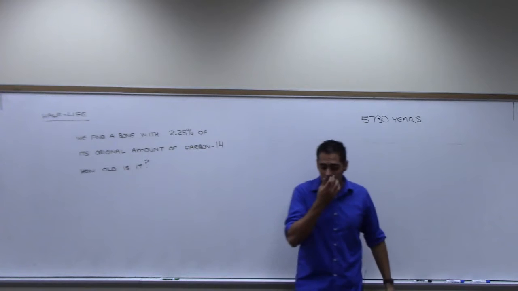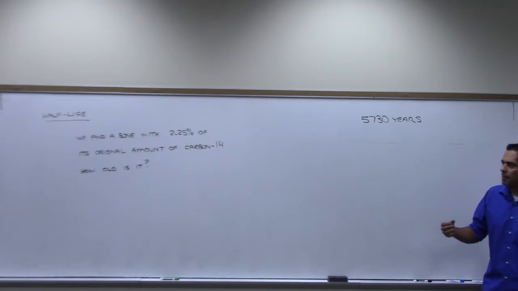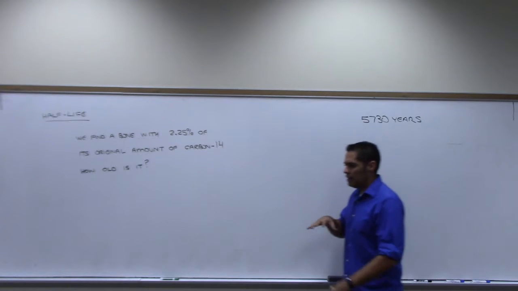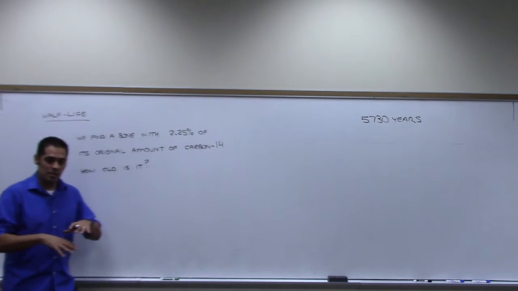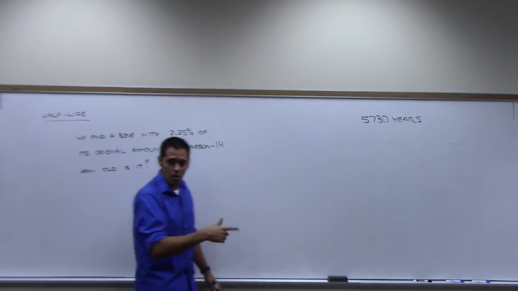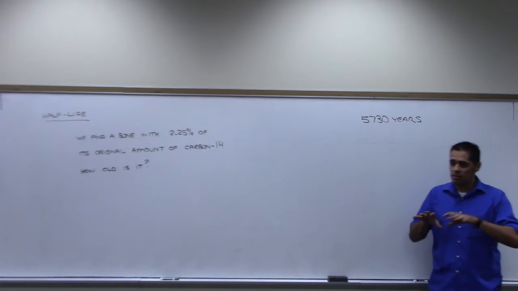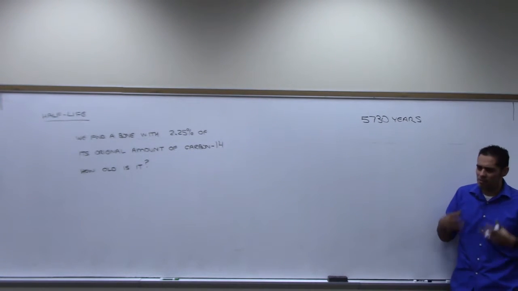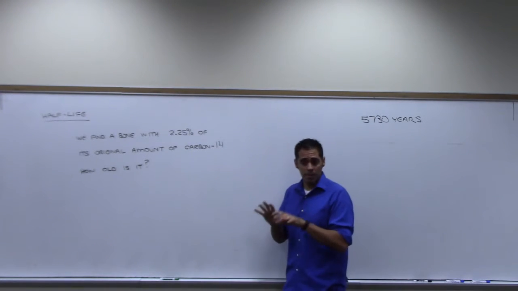Now, your question was how do we know how much was there to begin with? Because every living thing has the same amount of it in it, the same percentage. Yes, every living thing, a tree, you, me, a dog, a cat, we all have the same ratio of carbon-14 to another carbon. I'm not a biologist, but I know that we know what the initial amount's supposed to be.